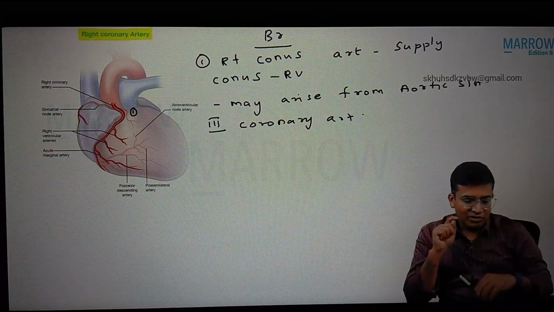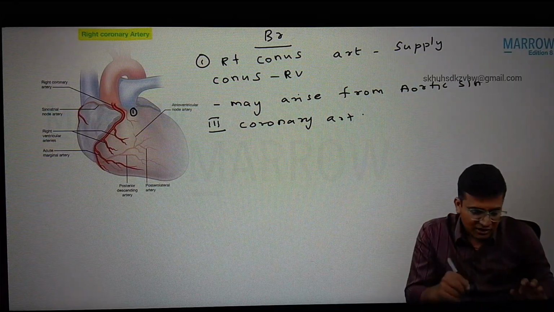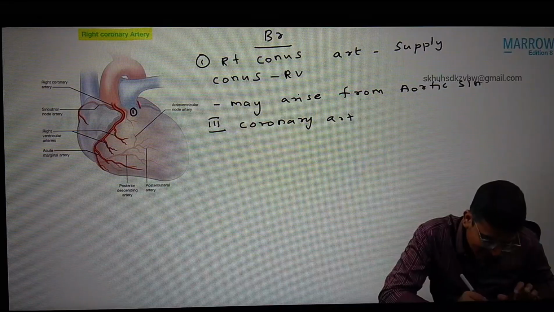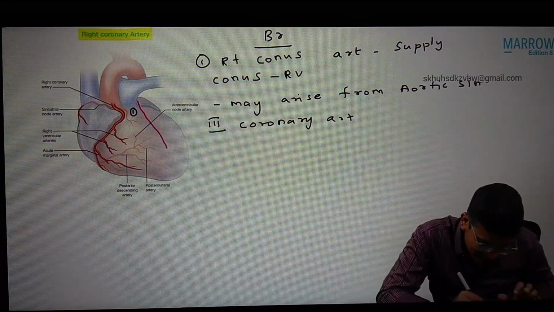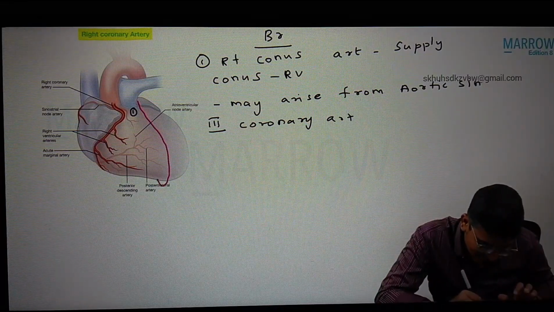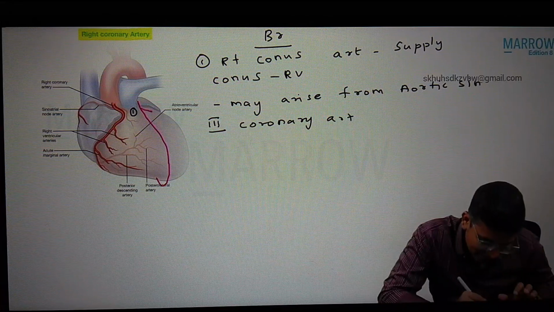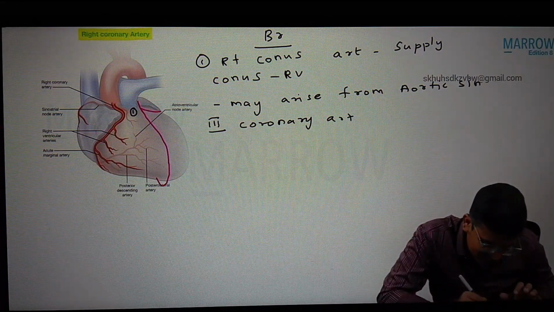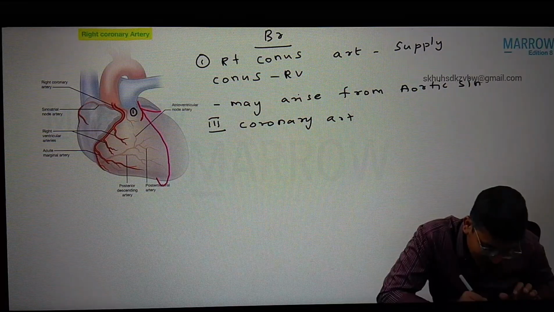Right. Now, this right conus artery anastomoses with the left conus artery. This is our left coronary artery, giving the anterior interventricular artery, and this is the circumflex artery. The anterior interventricular artery gives the left conus artery.